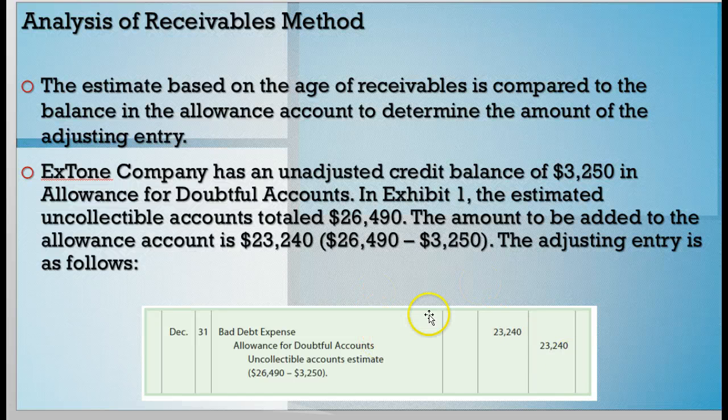Does that make sense? Because you already have a credit balance of $3,250 in there. That was from last year. This is because you're looking at the accounts receivable in aggregate, and some of that has already been taken into consideration, and what hasn't been taken out that's still in the allowance account has to be subtracted from what needs to be in there.